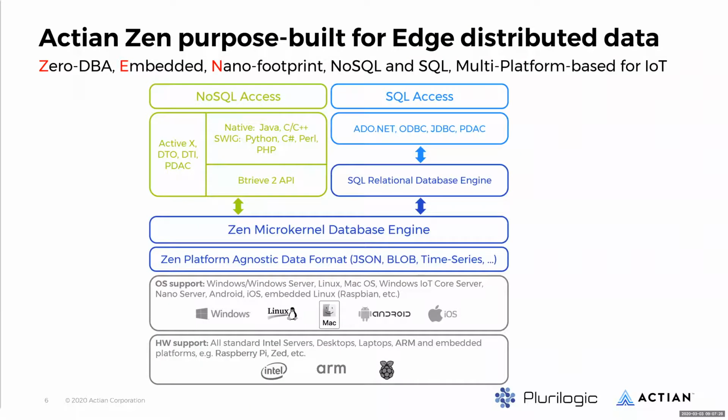The key innovation that we are going to be focused on today is the Actian Zen platform for edge data management. The beauty of this platform is that you can embed it into virtually any application, either at the programmatic level or the scripting level.